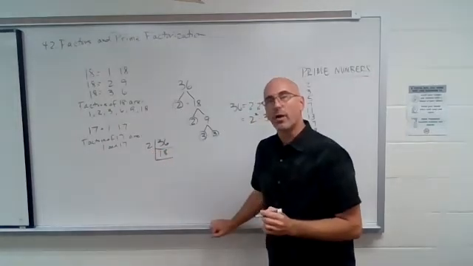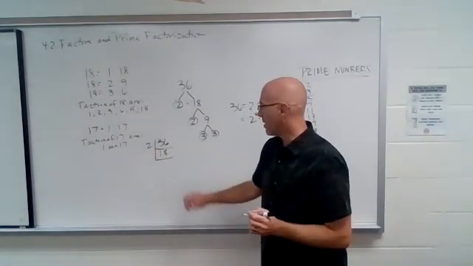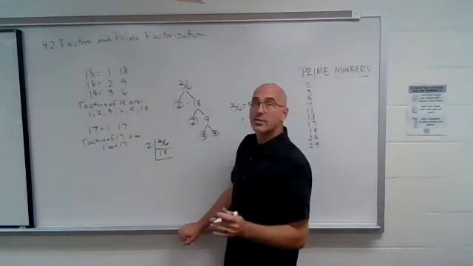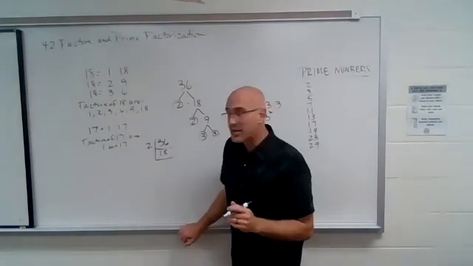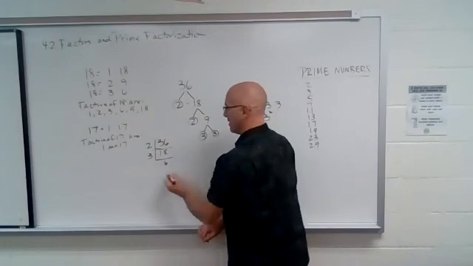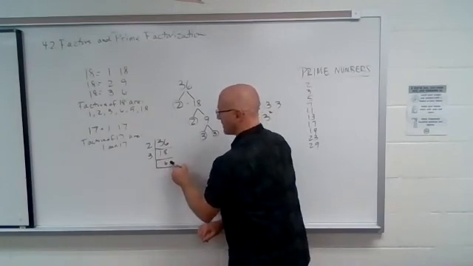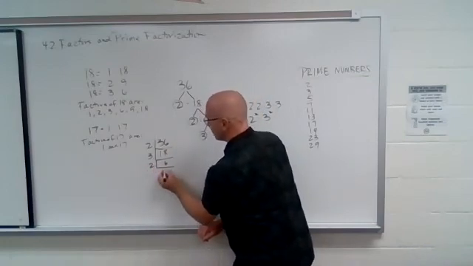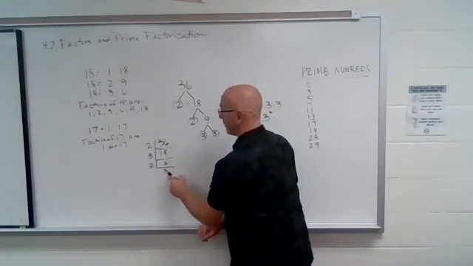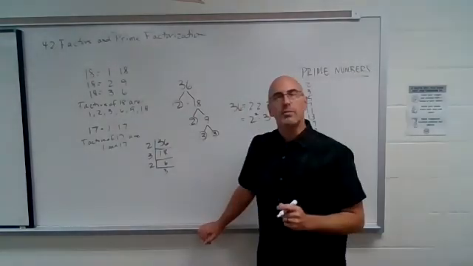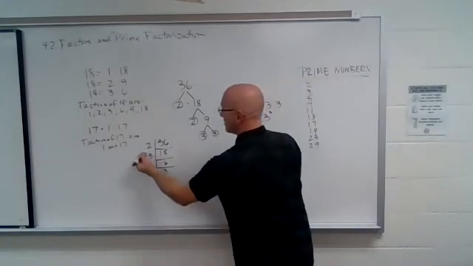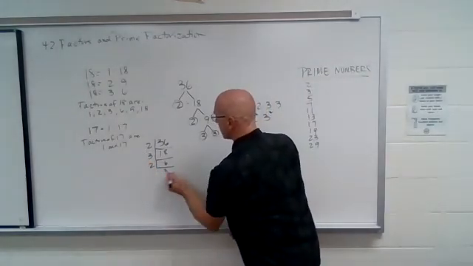I'm going to draw another upside down box right underneath. 18, 3 goes into that: 3 times 6, so 3, and then I have a 6. I know that's even, so another 2. 6 divided by 2 is 3. Can 3 be divided by anything except 1 and itself? Nope, it's prime. So I have 2 times 3 times 2 times 3.